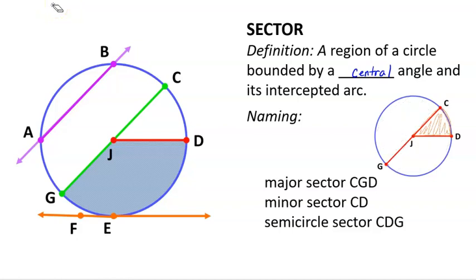And so semicircle CDG is letting me know that we are talking about CDG, that semicircle arc. And then we're talking about this straight angle CJG. And then we're talking about the area within that piece here. And that concludes our video on circle vocabulary.